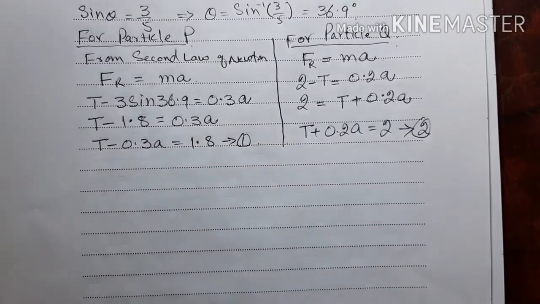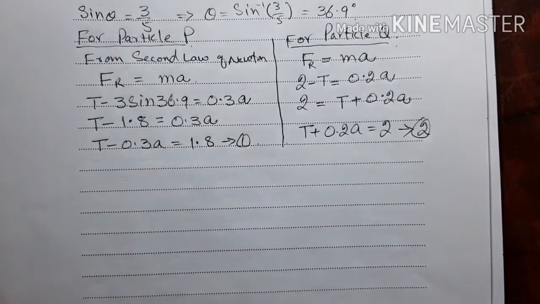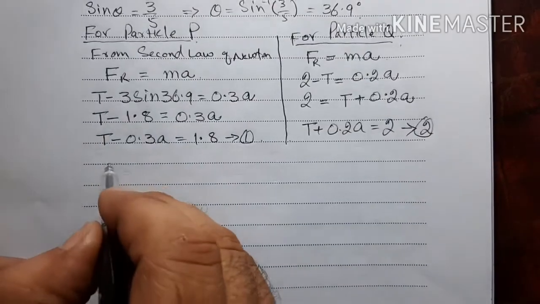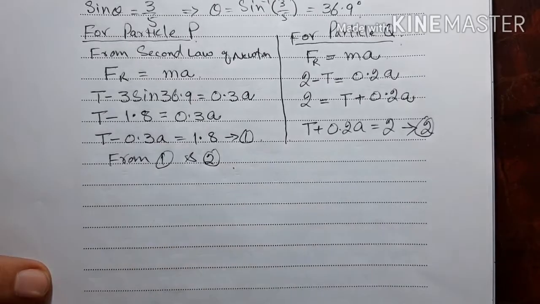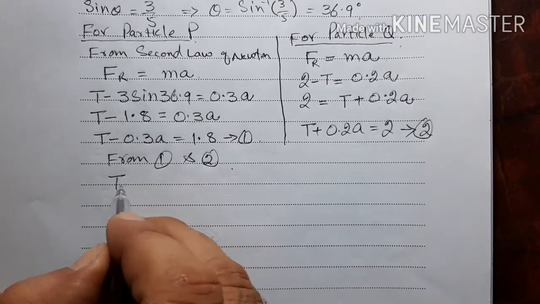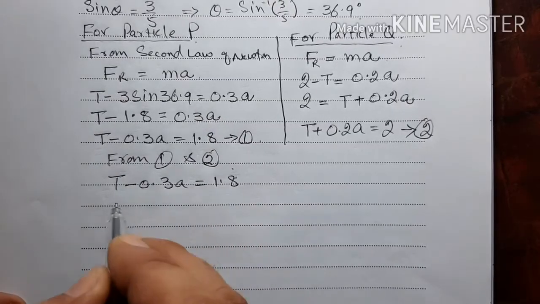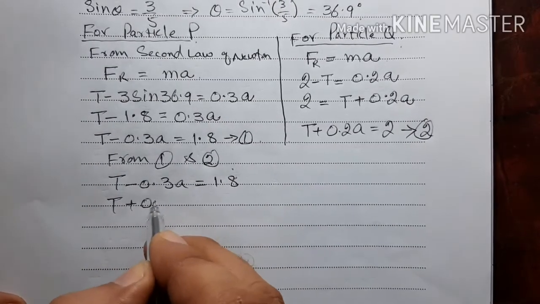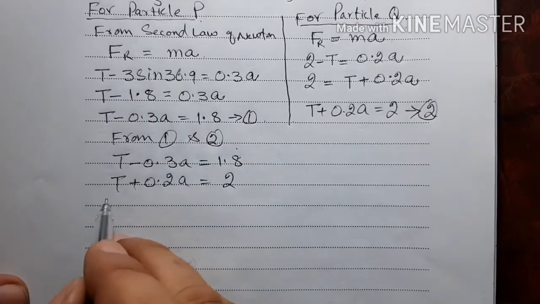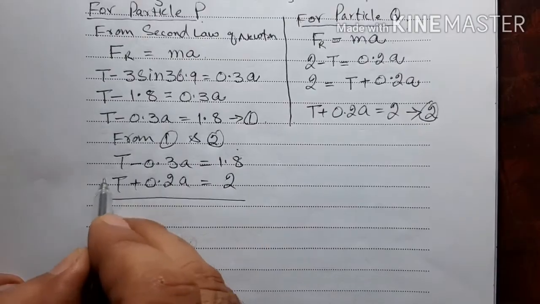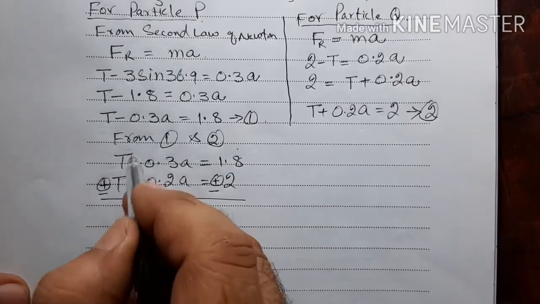So from 1 and 2, T minus 0.3a is equal to 1.8 and T plus 0.2a is equal to 2. So change the sign, T will be cancelled.